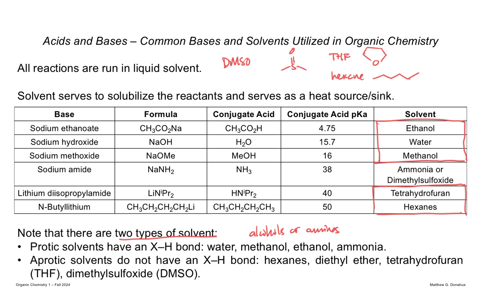So these tend to be alkanes, ethers, or this other one, the sulfoxide DMSO. And of those functional groups, another way to classify them is nonpolar and polar.